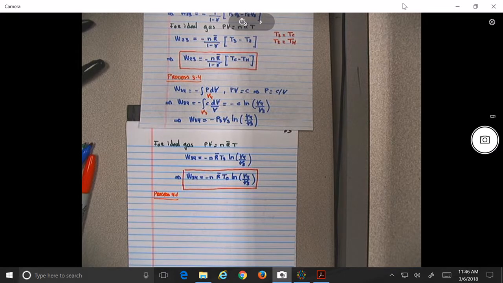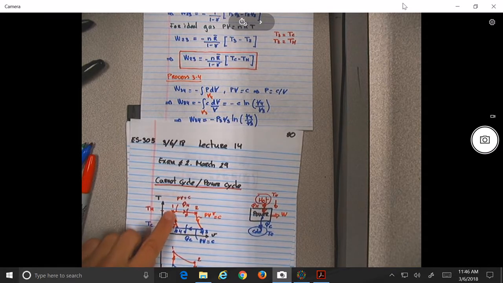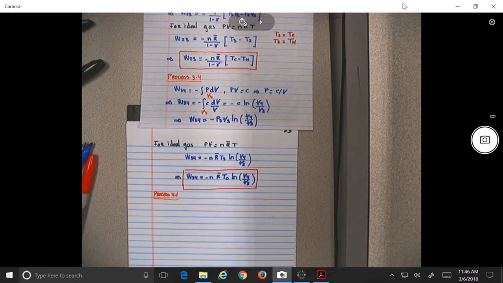Okay, so remember, everything is coming from the figure, no? Yeah, from this figure.